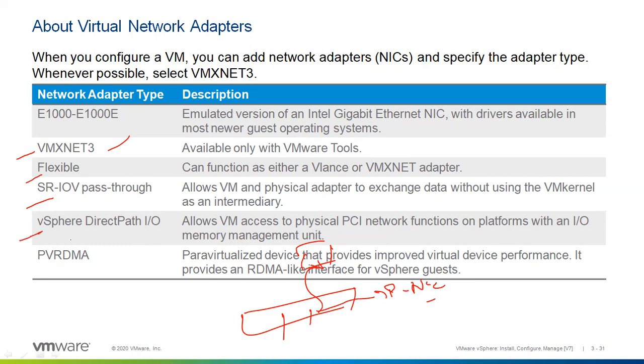Direct I/O path, then physical PCI network adapter, that takes SR-IOV itself, and RDMA also. So these are the different flavors of NICs being supported. But as I said, this is the recommended one and the most used network interface type.